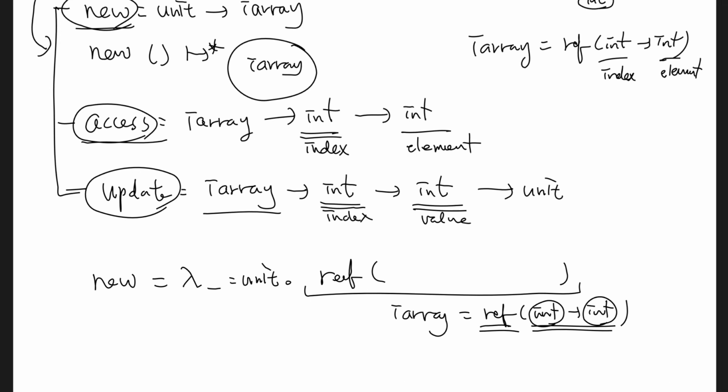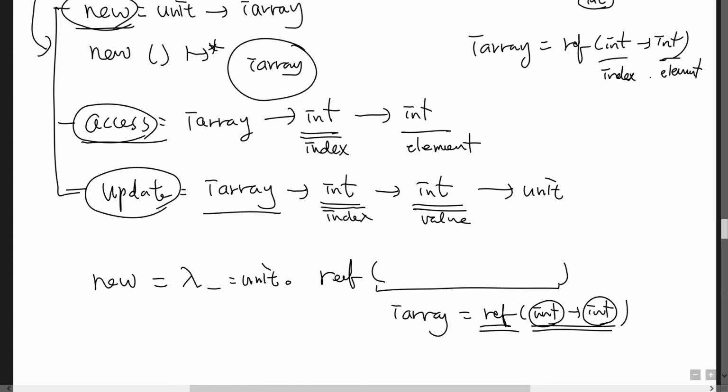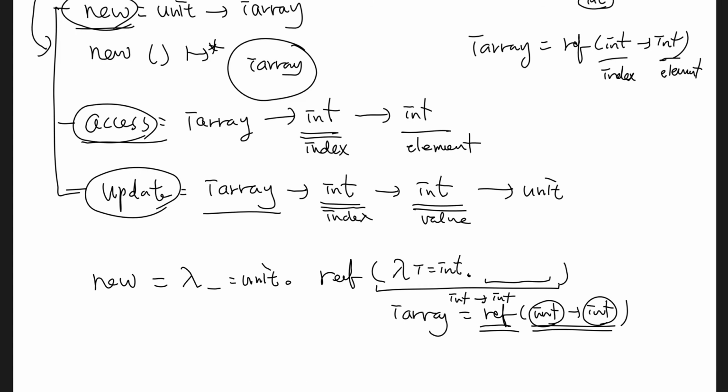So here, let's create a value of type int arrow int. It says, give me the index. So this is the index I. Then I will return the value at the index I. But we assumed that this integer array is initialized as zeros.